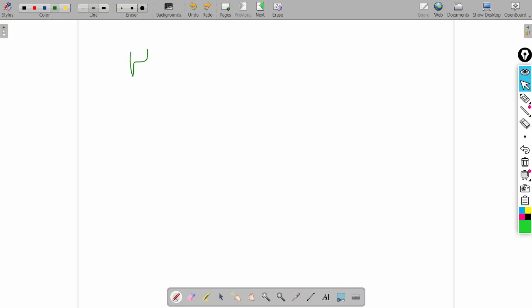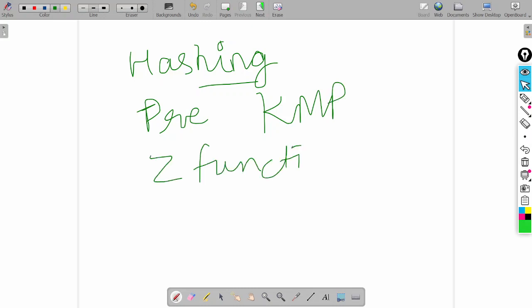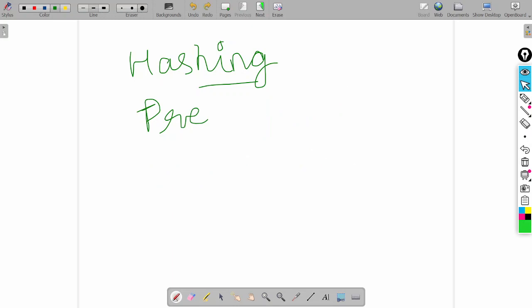Like we can use hashing, but hashing is not deterministic, it can give wrong answers. Next we can use the prefix function like the KMP algorithm, Knuth-Morris-Pratt, or we can use the Z function, and there are many other algorithms as well.